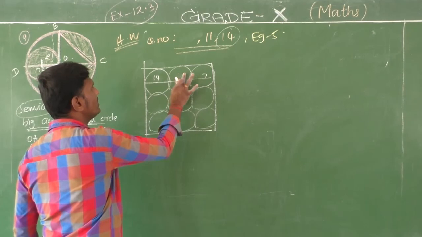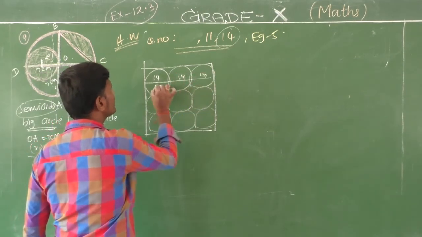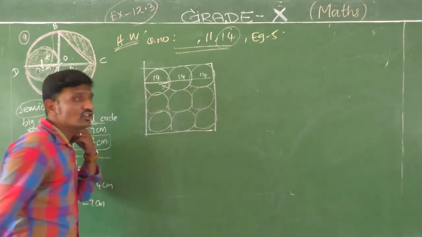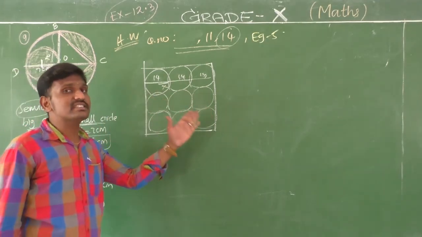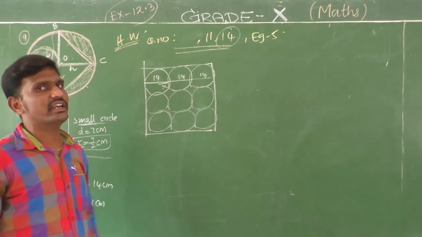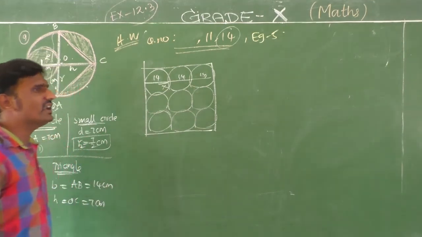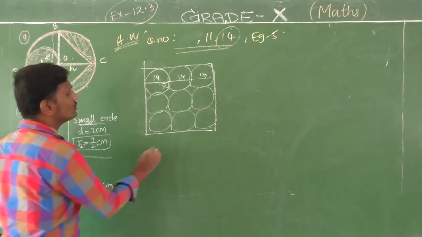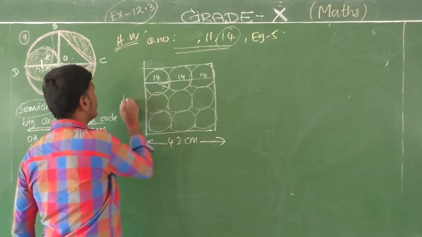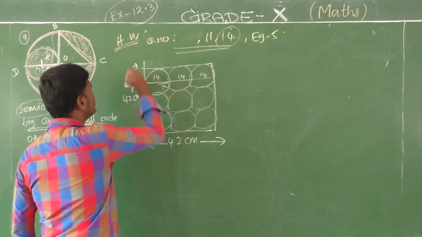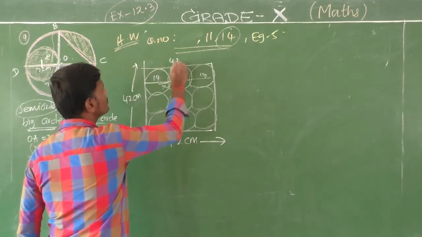This one is 14, 14, 14, because the radius is 7 cm. If you add the 3 diameters of the circles you get the side of the square: 14 plus 14 is 28, plus 14 is 42. So the side of the square is 42 centimeter.